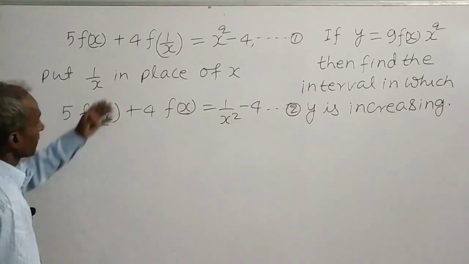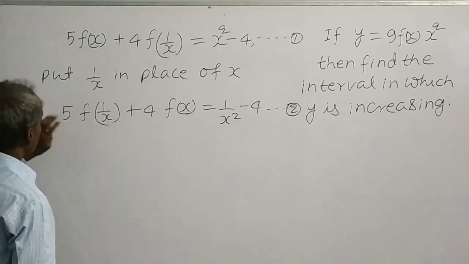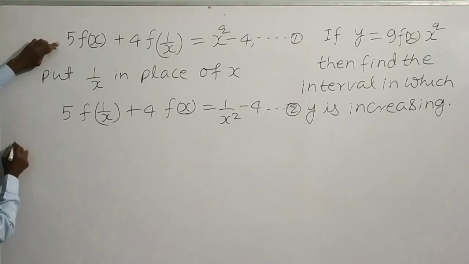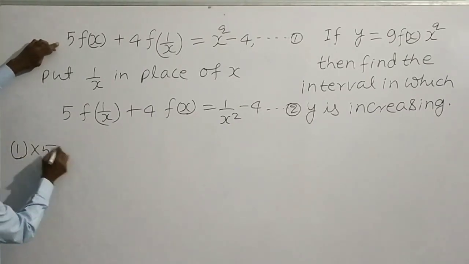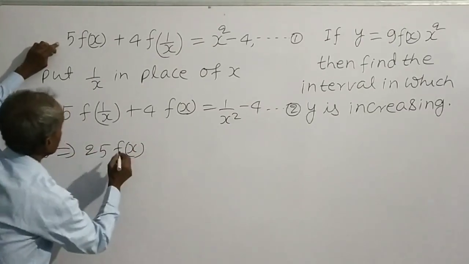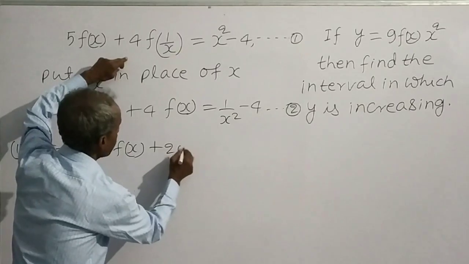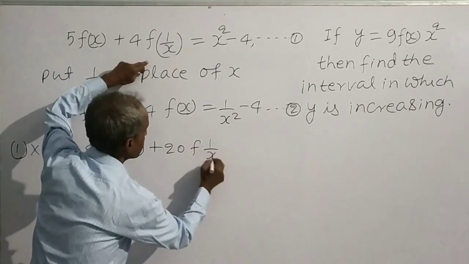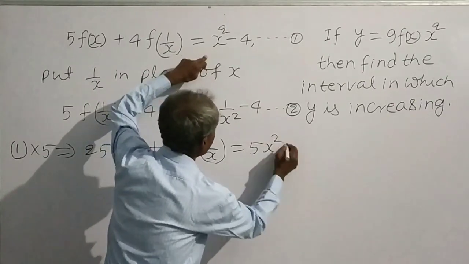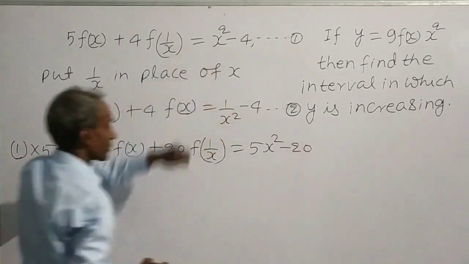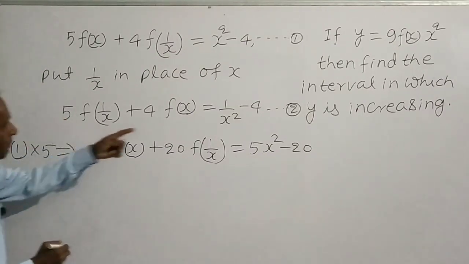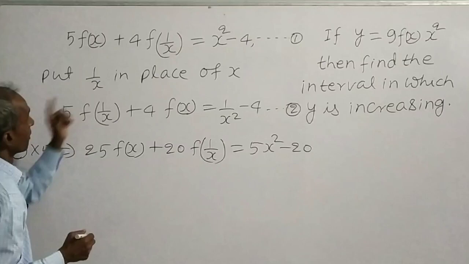Now we multiply equation 1 by 5. Then 25f(x) plus 20f(1/x) is equal to 5x² minus 20. Now we multiply equation 2 by 4.